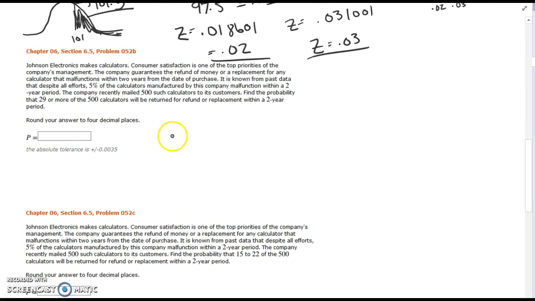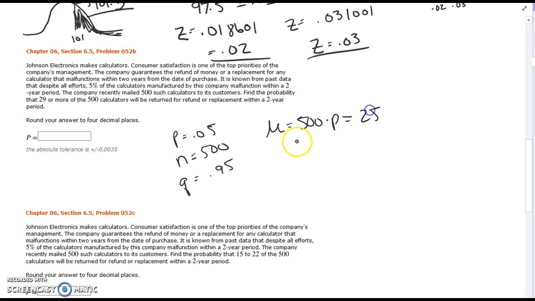So we have p is 0.05, n is 500, so q would be 0.95. n times p would give us 25, and then the standard deviation would be the square root of n times p times q, which would be 4.873.